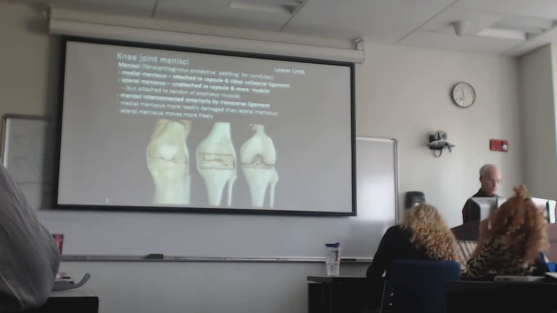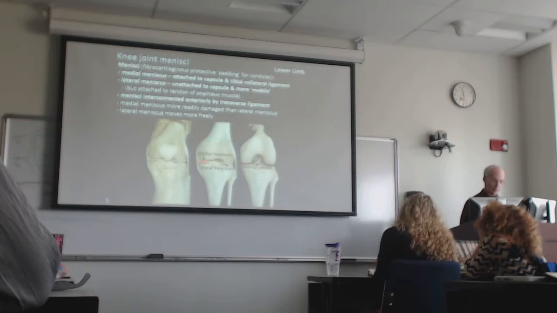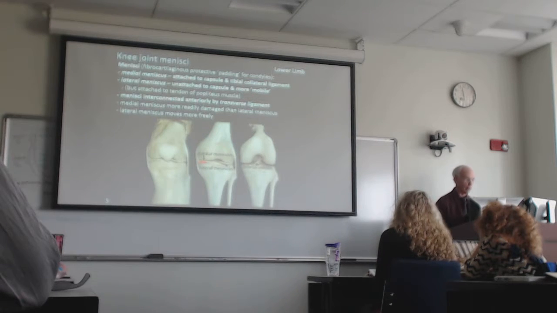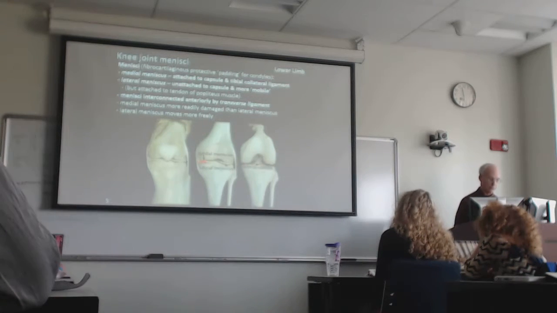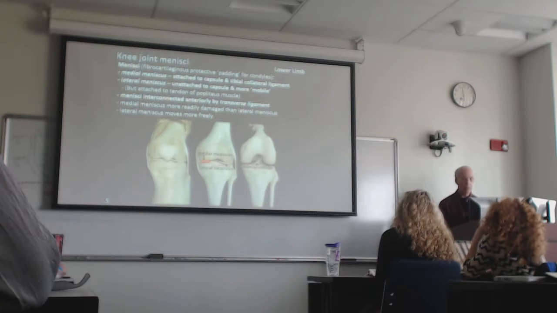All right, so here, this is the point I was trying to make earlier. Just wanted to make sure you saw that the medial meniscus is attached to the medial collateral ligament. The lateral meniscus is not. And as a consequence, you will often read, I'm not sure I buy this, that the medial meniscus is more prone to damage, more prone to injury for that reason.